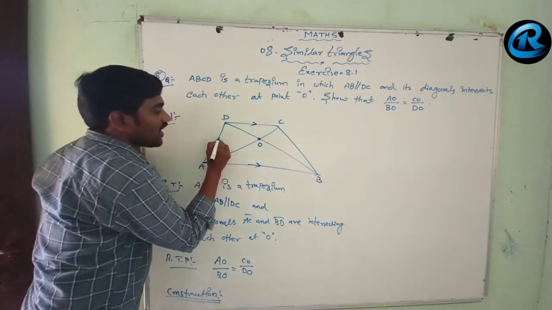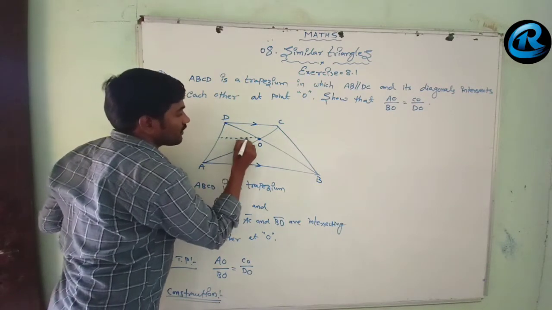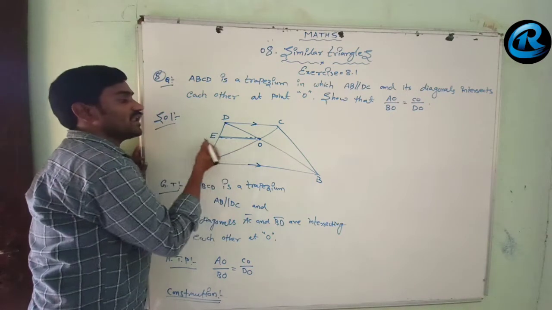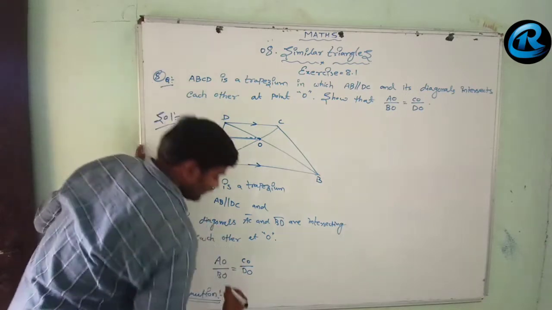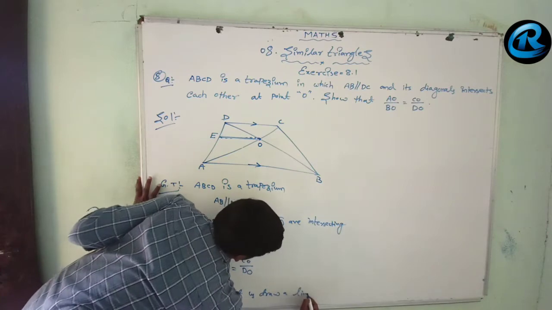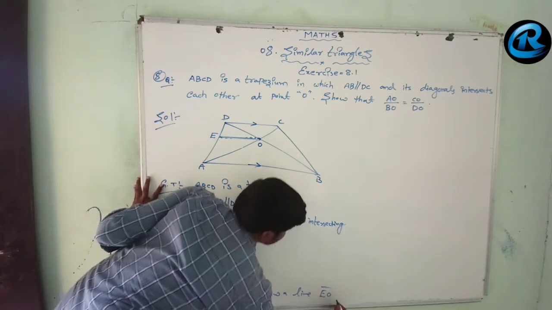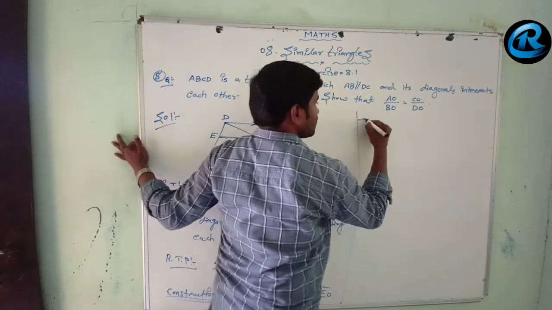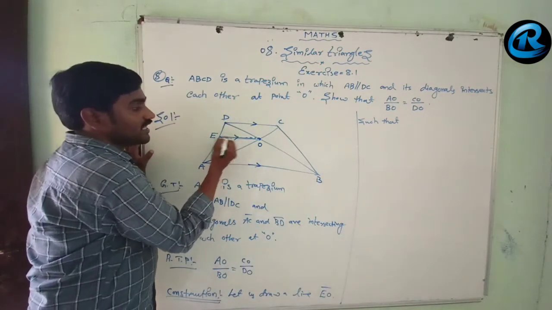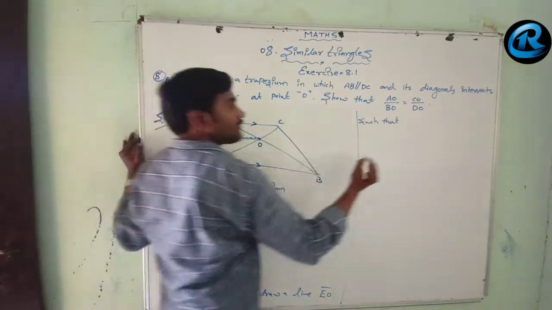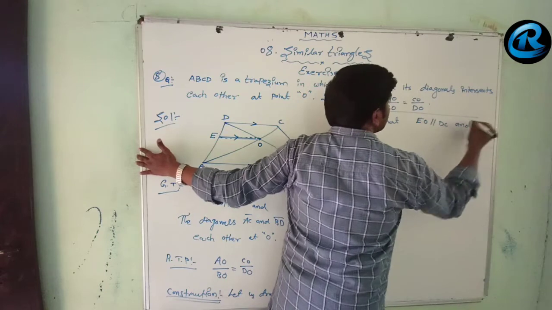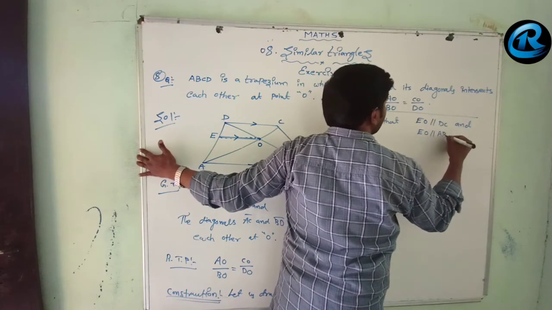What is the construction? Let us draw a line EO such that EO is parallel to DC, and this EO should be parallel to AB also.